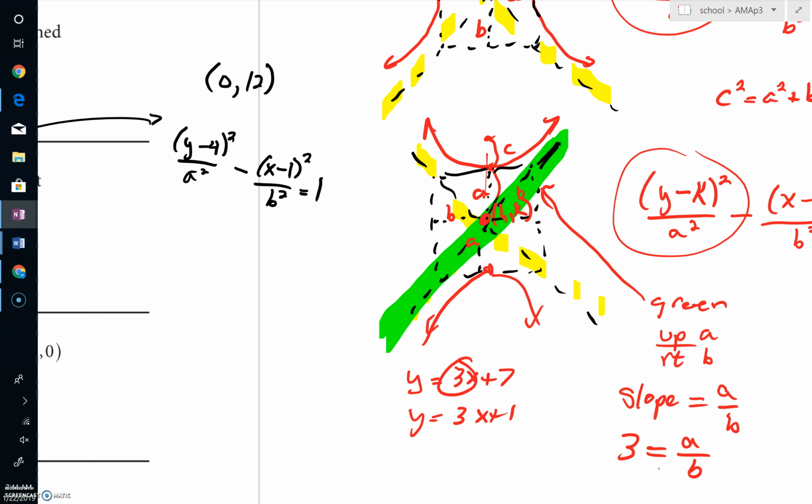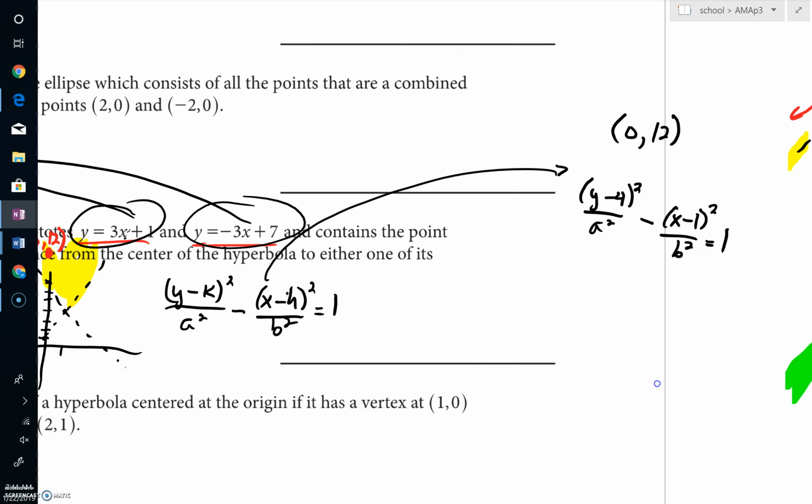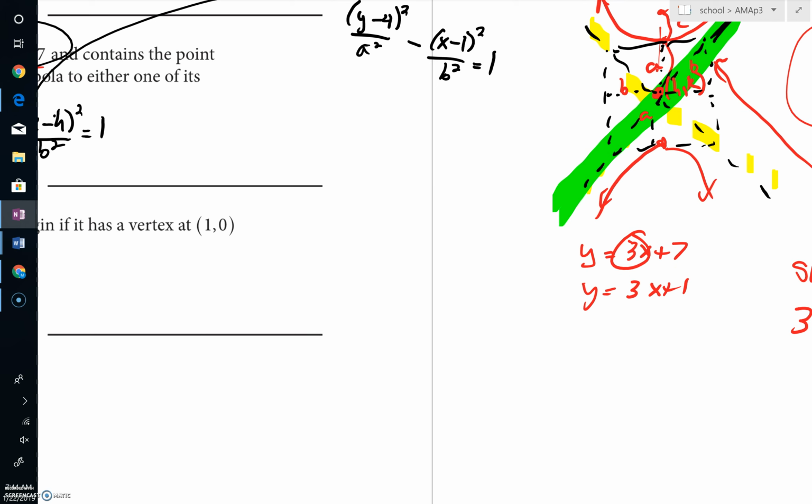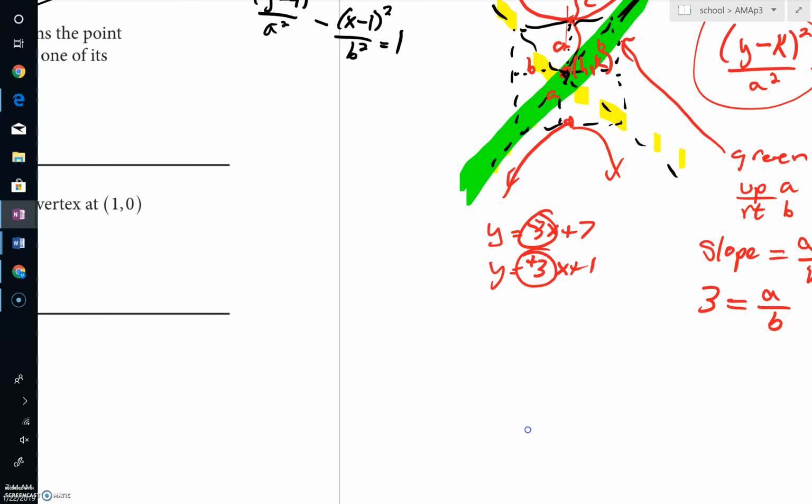Is it negative? Well, there are 2 lines. I'm just focusing in on the positive slope in green right now. One of them was negative 3x plus 7. Sorry, I see what you're saying. I'm just focusing in on the positive 3x plus 1 right now.